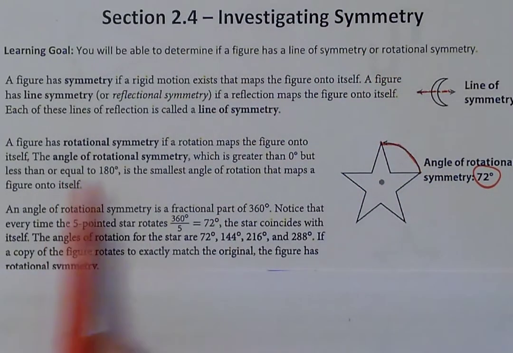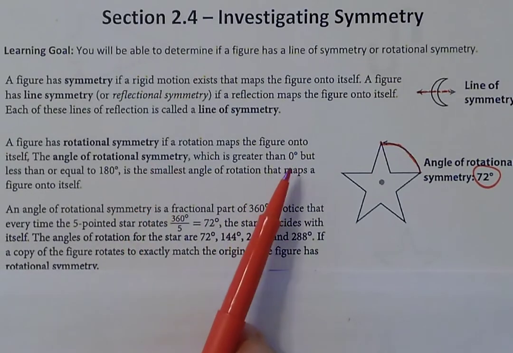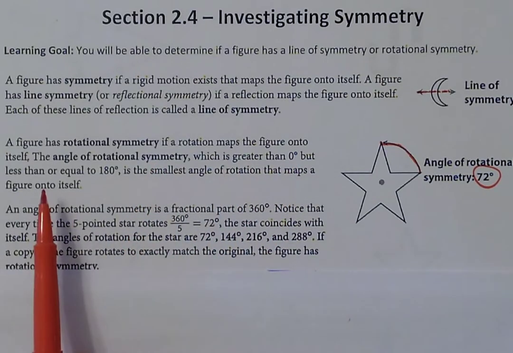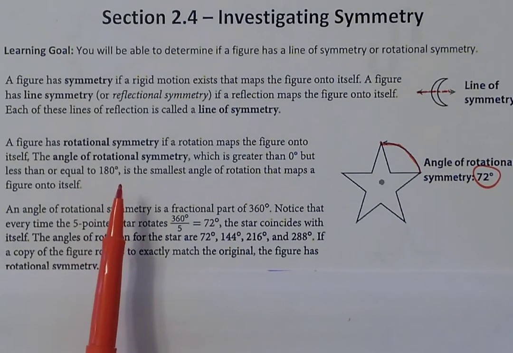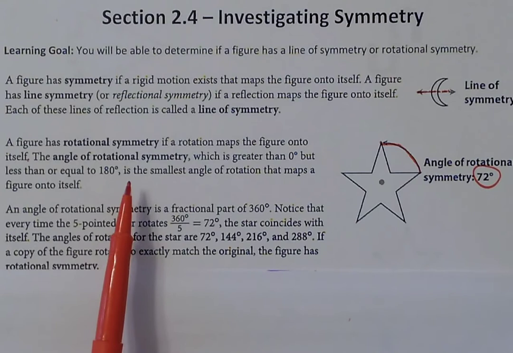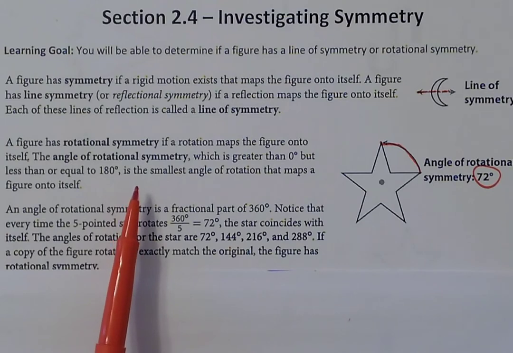Now the angle of rotational symmetry has to be greater than 0, but less than or equal to 180. Our rotational symmetry can be 180, but anything over 180 does not work.